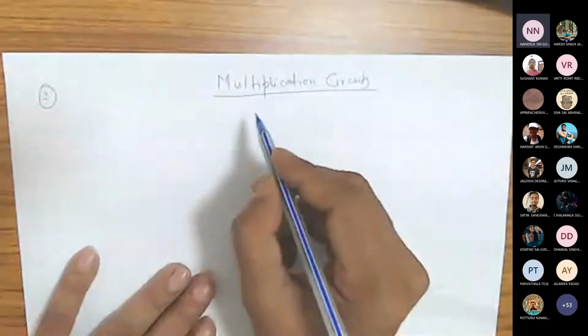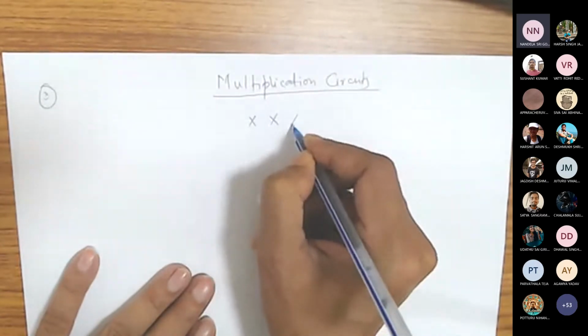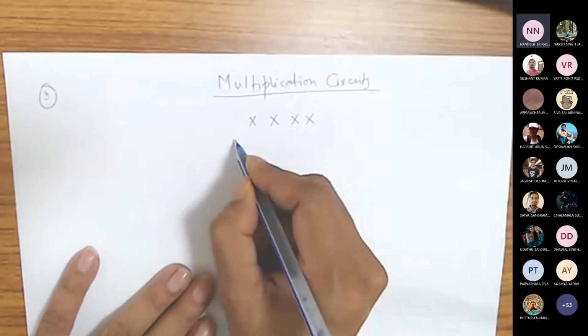Now, multiplication, if you observe the characteristics, we usually do it like this.